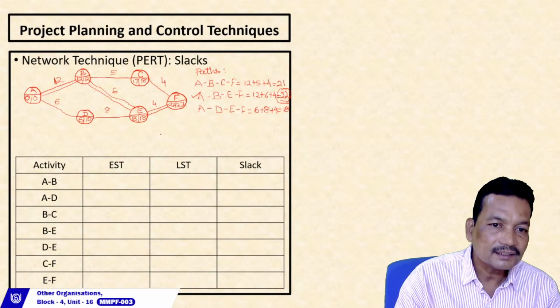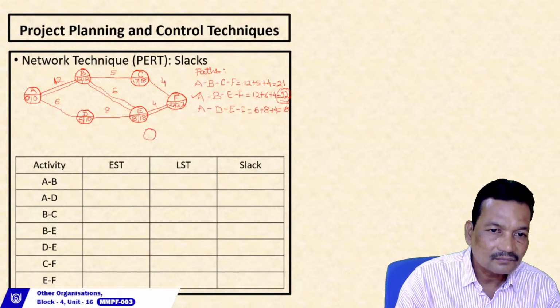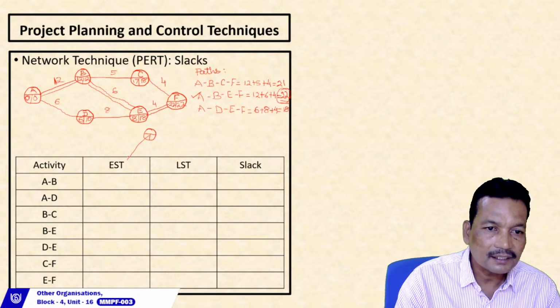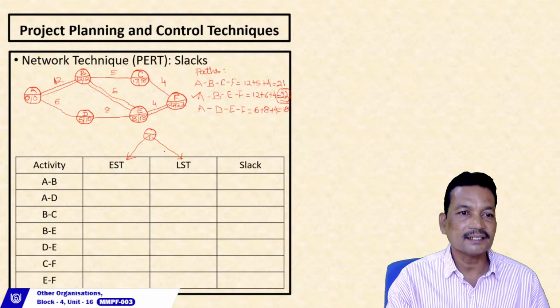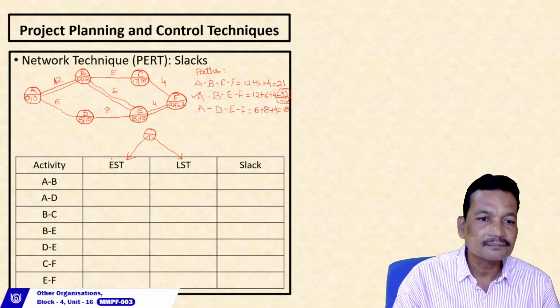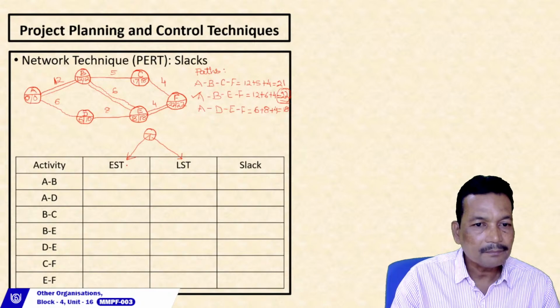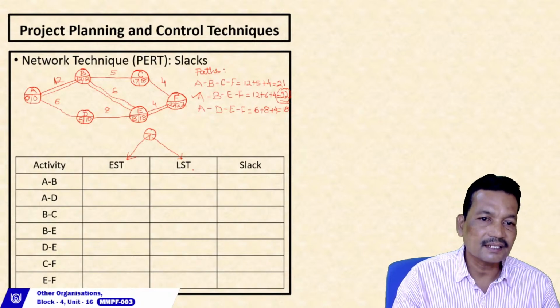Now what do these parts mean to us? That means the first part is our EST. The second part is latest starting time. That means earliest starting time and latest starting time.